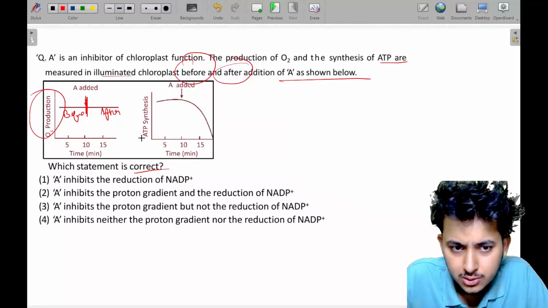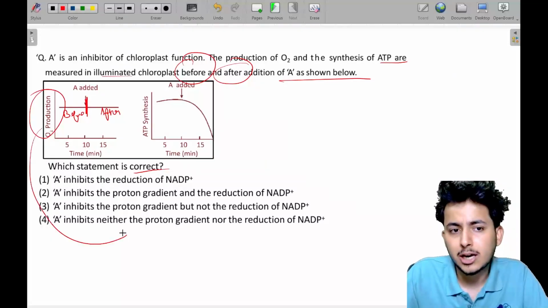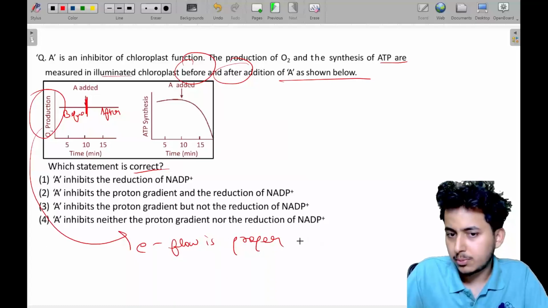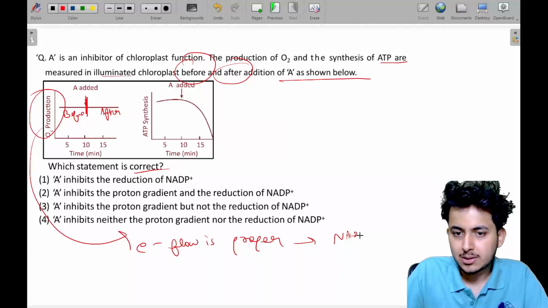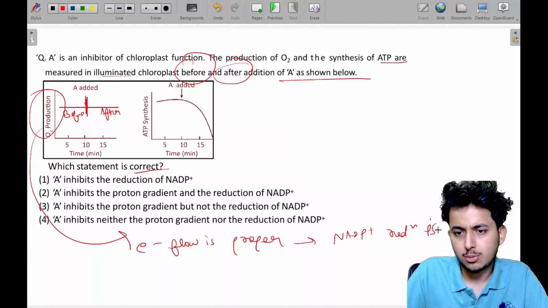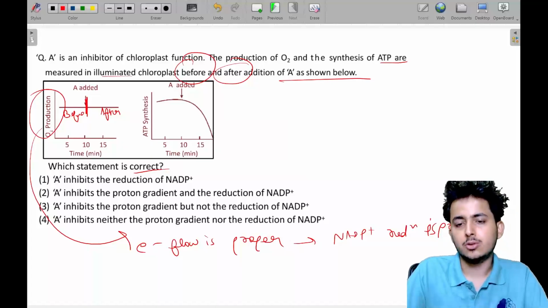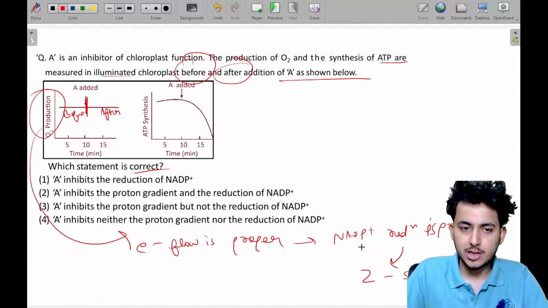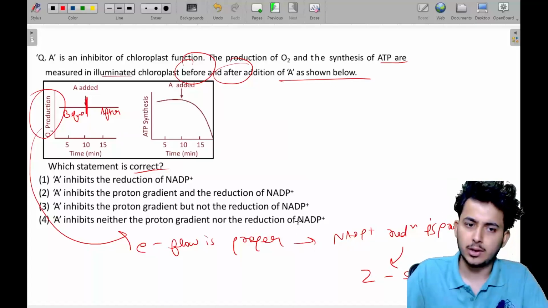If oxygen production remains the same, that means electron flow is proper. And if electron flow is proper, that means NADP+ reduction is proper. That means your Z scheme is working fine. The Z scheme, or non-cyclic photophosphorylation, is working fine.